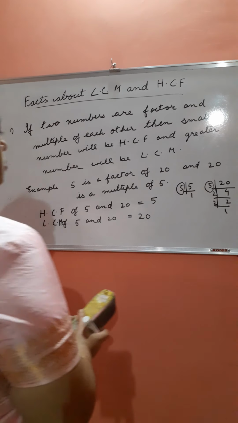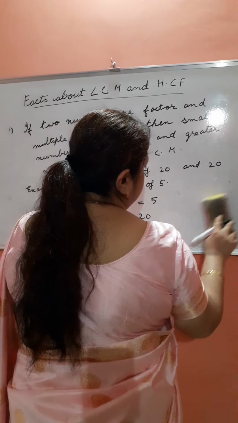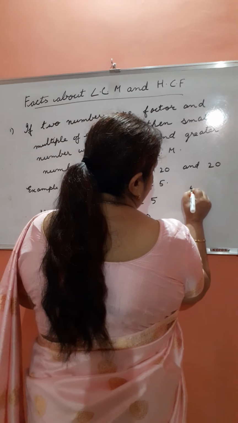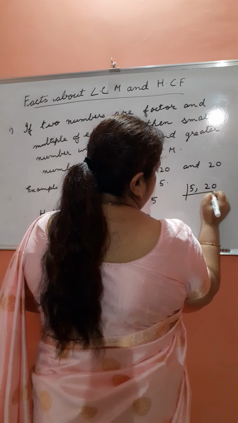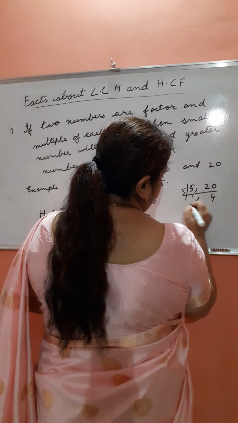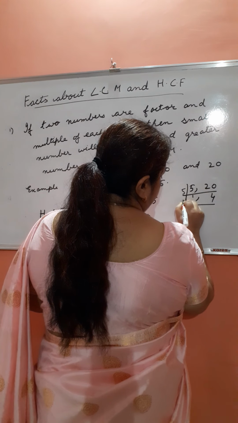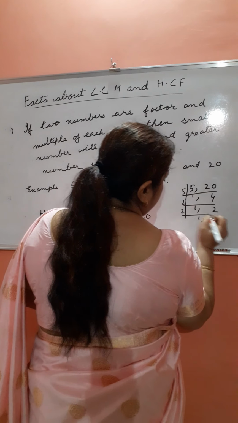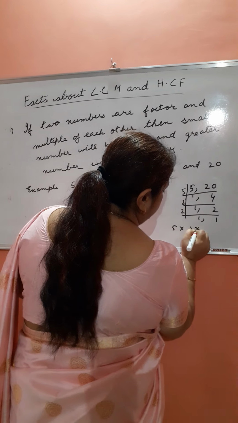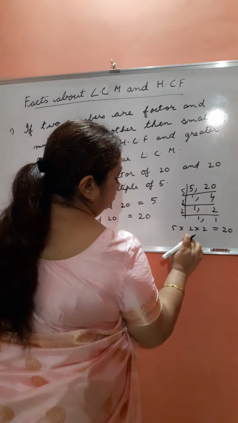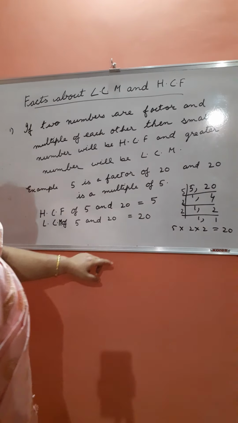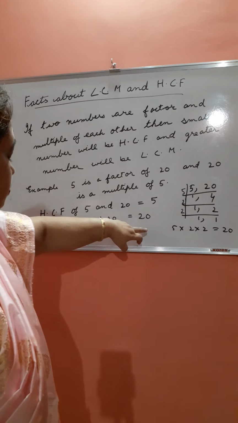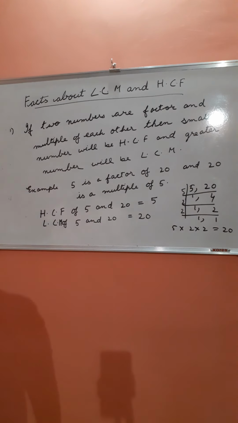Okay, now find out LCM of 5 and 20 by common division method. See here, 5 1, 5 4. So again 2 will be here, 2, 2, 1. So 5 into 2 into 2 is equal to 20. So 5 will be the HCF, the lowest number will be the HCF and the greater number will be LCM. Okay.